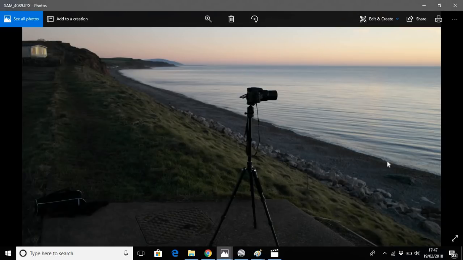We know that this photograph was taken just 20 minutes after the video footage was shot, and we can see that on a very still day the water level is well below the height of this rock. The camera was placed on the top of this rock and a reading taken up here. This is a very large rock, it's not going to move.